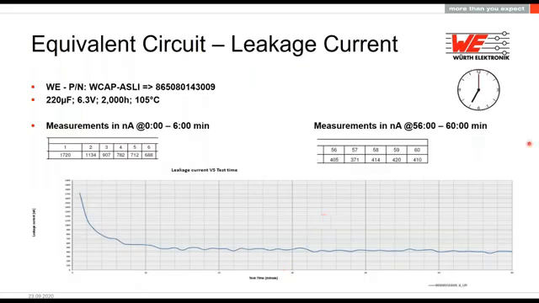Then the leakage current, or the leakage current defined by the isolation resistance. Here we show our SMD type, 220 microfarad, 6.3 volt, 2000 hours, 105 degrees. The values in the data sheet are measured after 2 minutes, and this definition comes to the data sheet not because it's the best, but because it's fast.